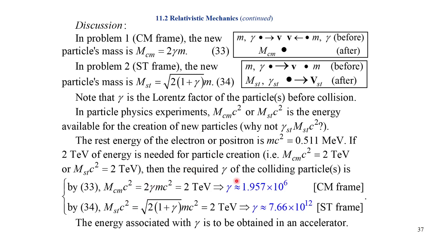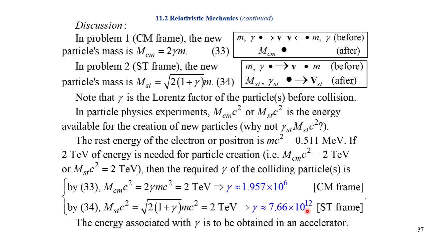For example, we need a very, very high gamma value. But if we use stationary target frames, we need it to be extremely high because some of the energy is lost.